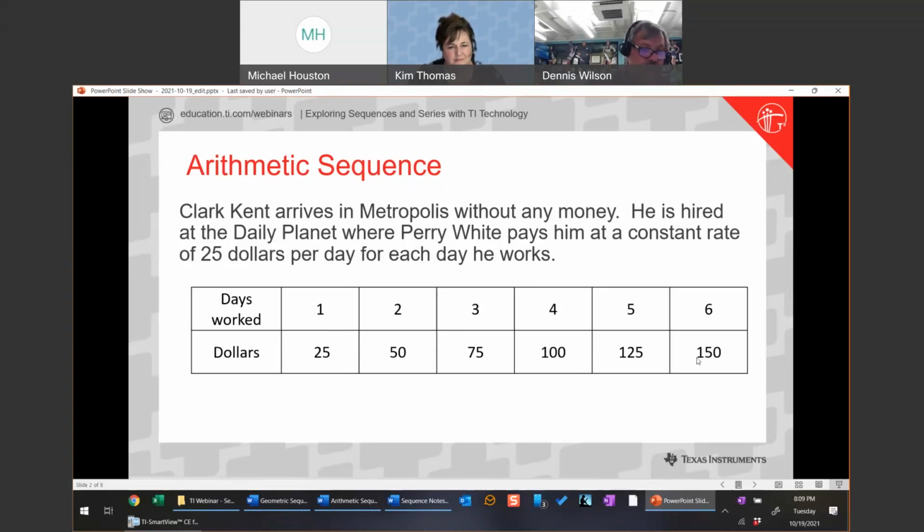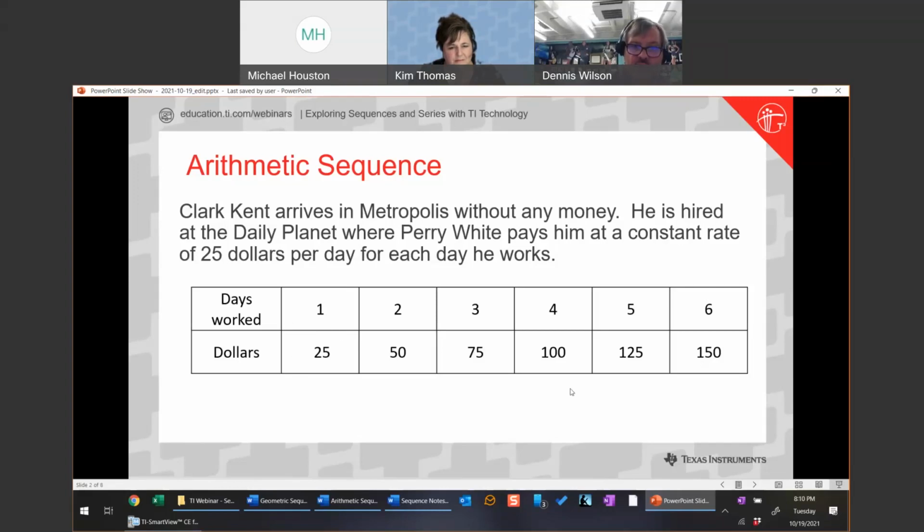Okay, when I do this, I'm trying to avoid non-integer values. I don't want to have students running into difficulties because their proportional reasoning skills aren't fully developed. So we're going to plot this sequence. So what I want you to do is just take a look, okay? My input is going to be these integers at the top, the days worked.